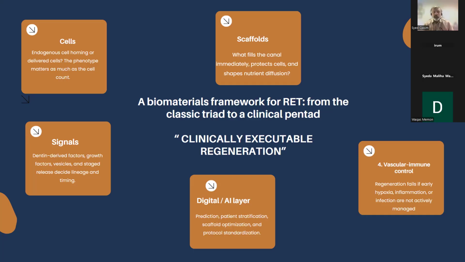And so we did code something, and I was able to make a little pilot code for that. So I will share it with you later, inshallah, when I get the time. So right now I want you to understand that from a triad we are going on to a pentad. So whenever you evaluate a new regenerative endodontic therapy, ask 5 questions.